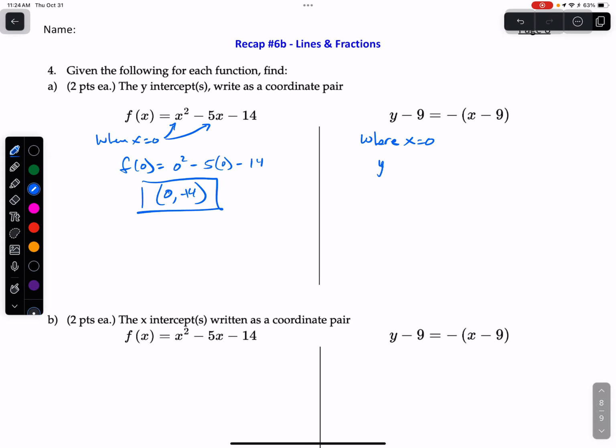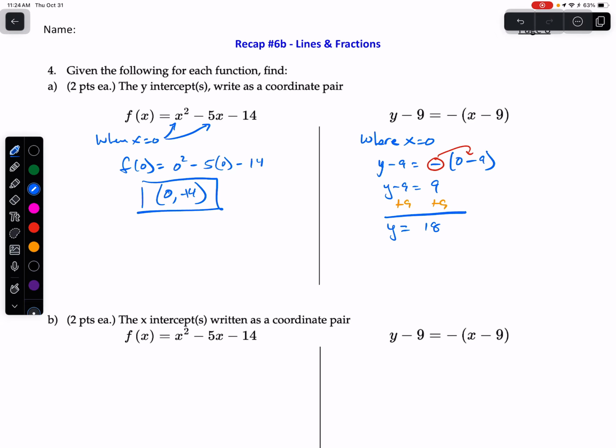So y minus 9 equals minus 0 minus 9. Notice then that this negative sign means that this is going to be positive 9. So y minus 9 equals positive 9, and then we'll add 9 to both sides. It was really easy to get messed up on the negative signs here, and we get y equals 18. So our point is 0, 18.